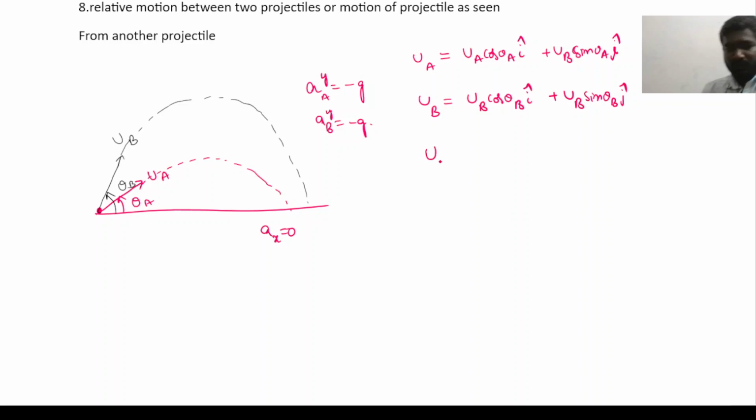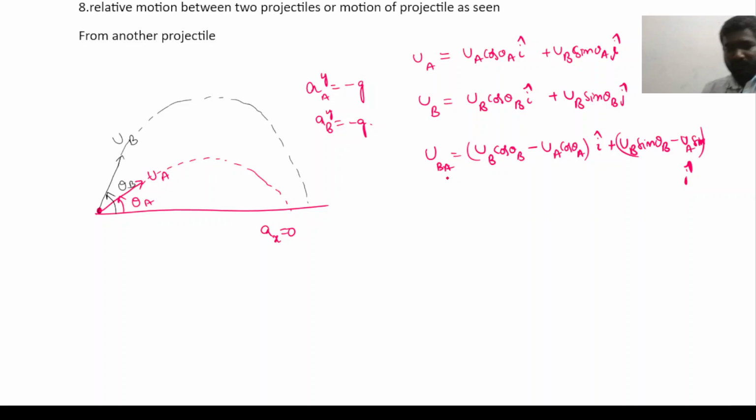Now here you can see the initial velocity of B with respect to A is equal to uB cos theta B minus uA cos theta A, the x component, times i cap, plus uB sin theta B minus uA sin theta A times j cap.